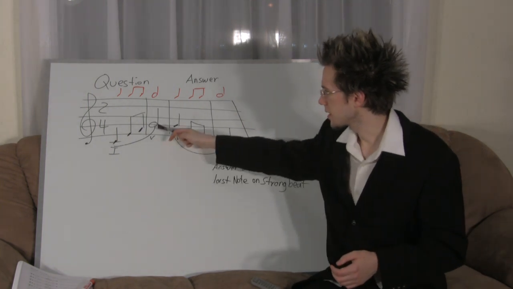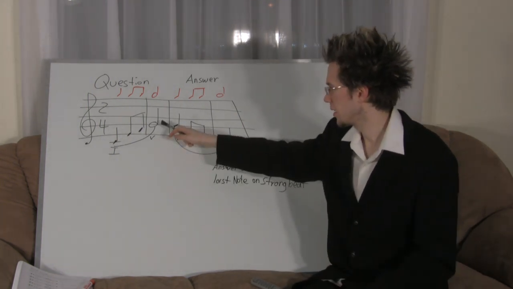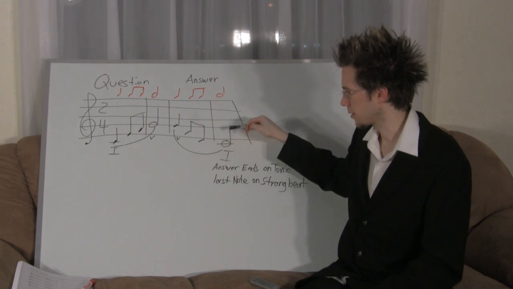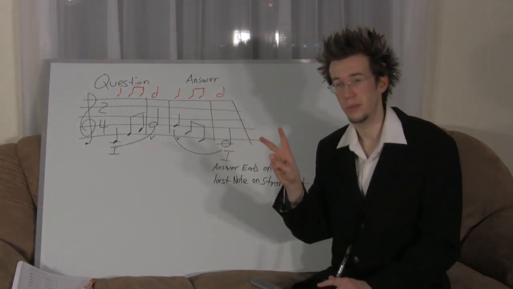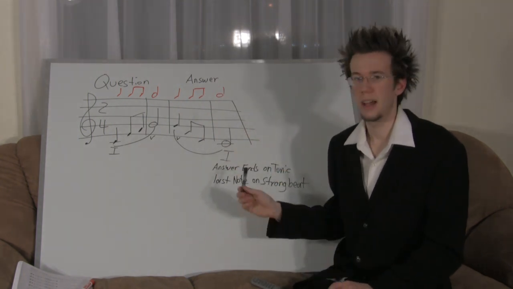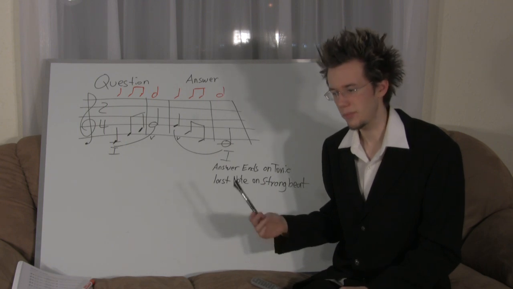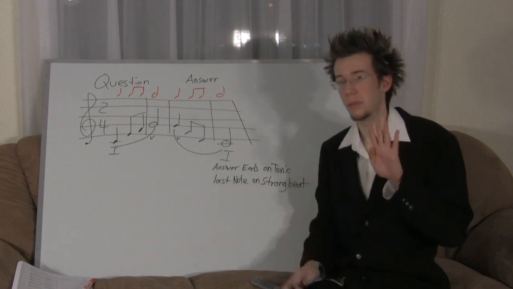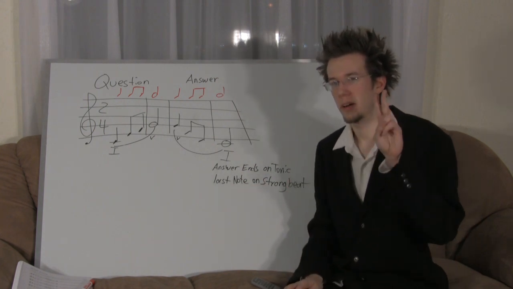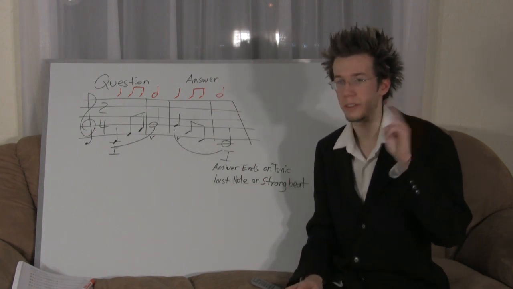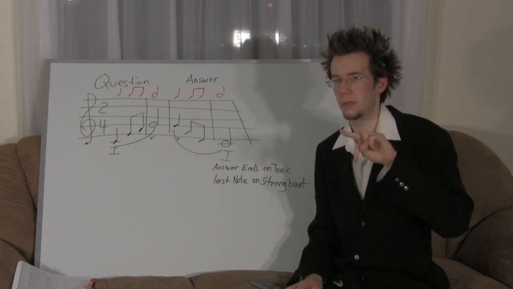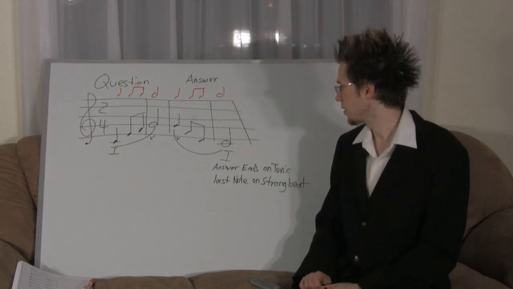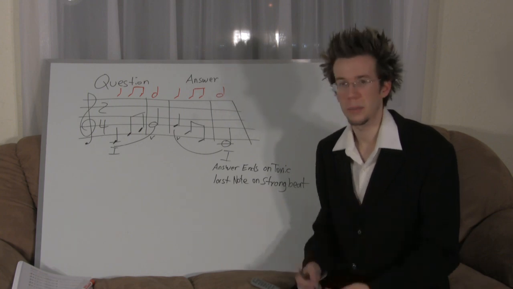And notice I have this phrase, so you're joining from here to here, and then you take a little break and then go to the next part. So only have 2 phrases, okay? You can have maybe up to 4 bars like I have, 1, 2, 3, 4, up to 4 bars total, but 2 bars is okay as well. You could just have a 2-bar question and answer, 1 bar for question and 1 bar for answer.